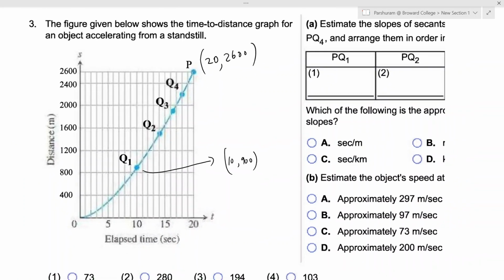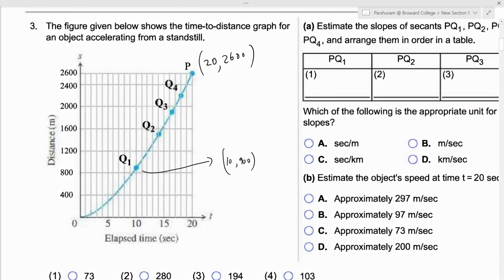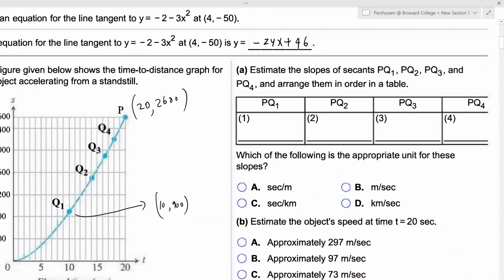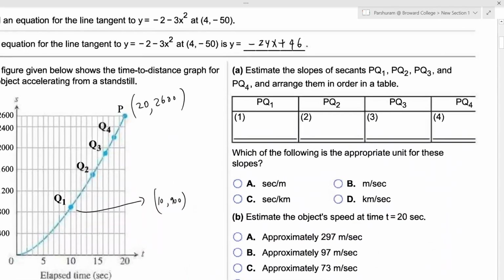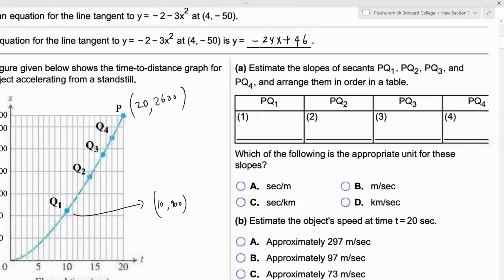Now the slope of the secant line PQ1 you can find by using the formula y2 minus y1 over x2 minus x1. So the slope would be 2600 minus 900 divided by 20 minus 10. If you subtract 900 from 2600, that would be 1700, and divide by 10, it will give you 170.